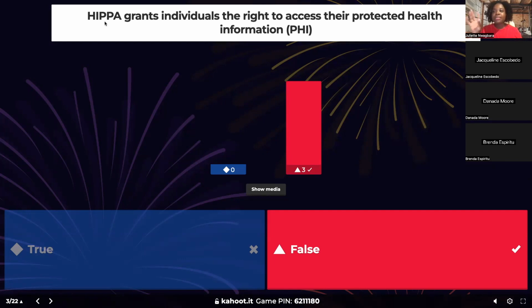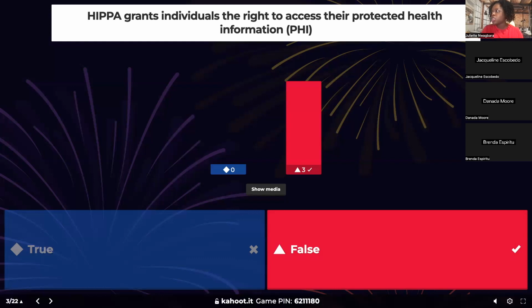So this is to test you on the importance of the details when studying for your exam. You want to make sure that you're paying attention, because one word can change the answer completely. So the correct answer here was false. HIPAA does grant it, but it's HIPAA. All right, good call out there.